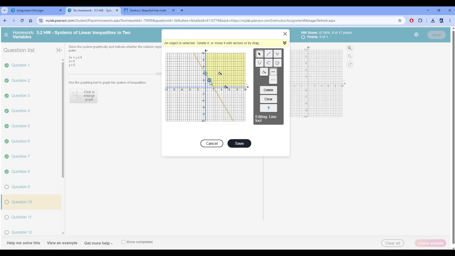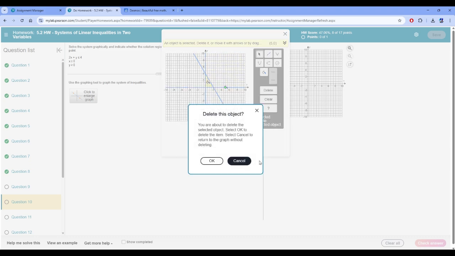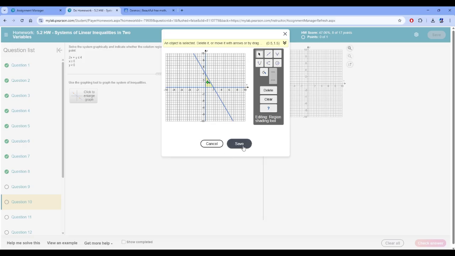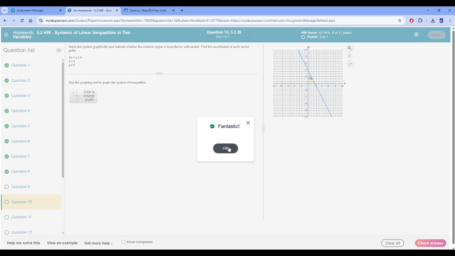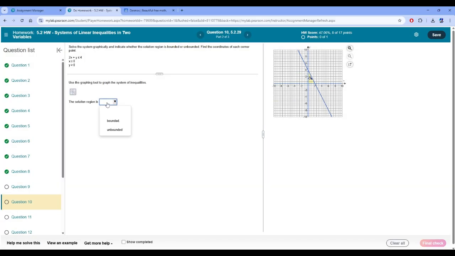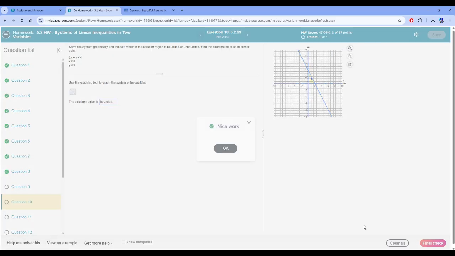Then 0, 0 does work, so that's going to be this region right there, which means I'm now going to delete this and delete that, and then hit save, hit check. Fantastic. The solution is the region bounded.